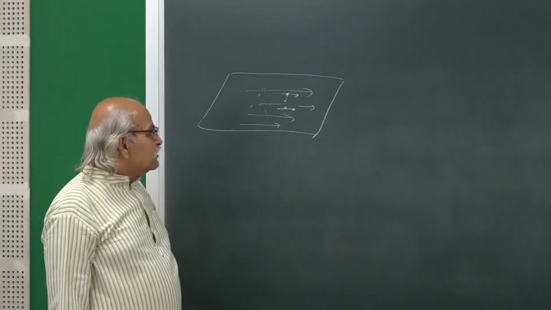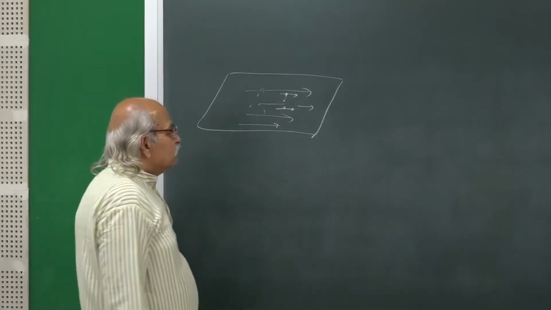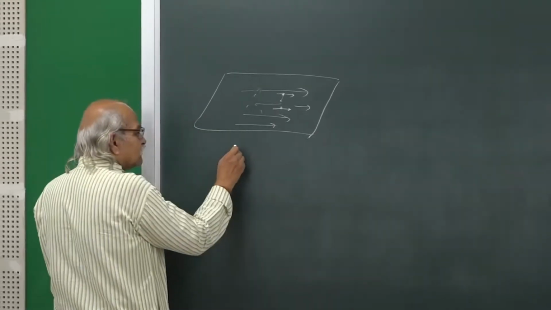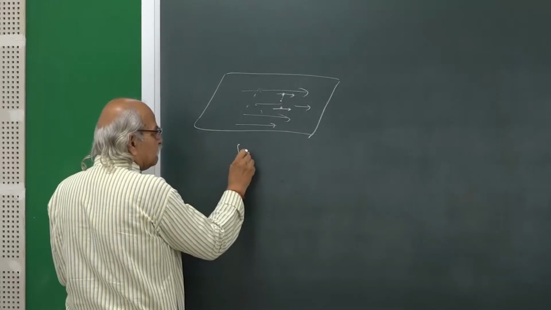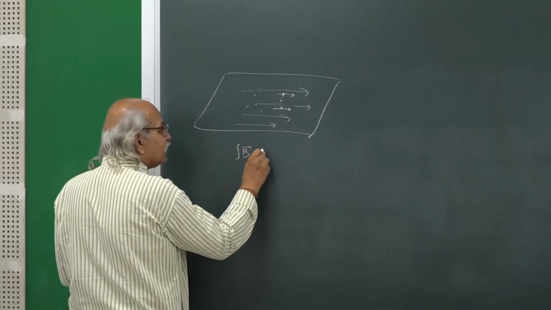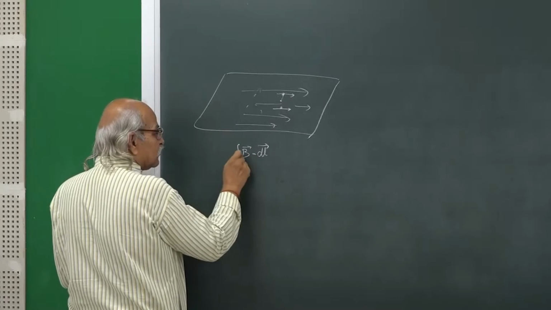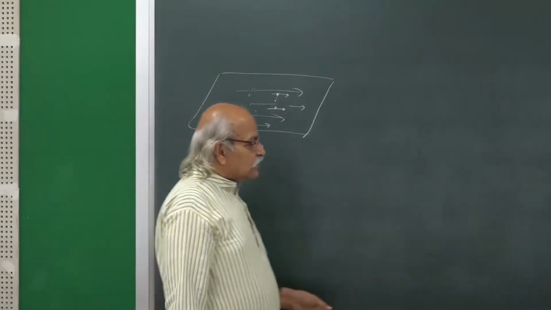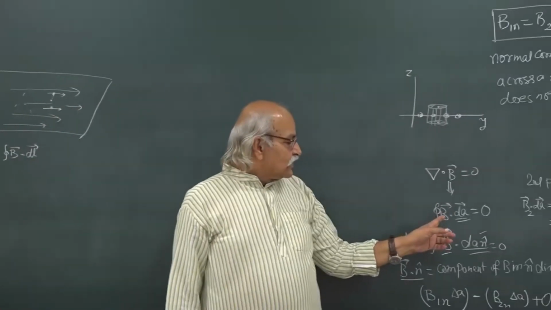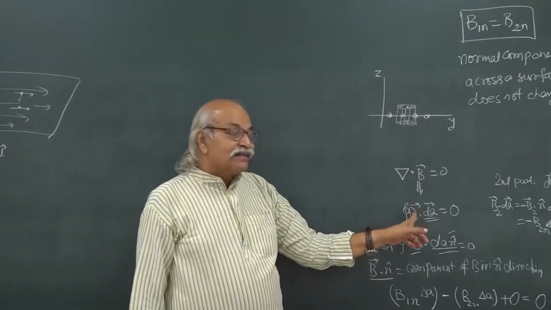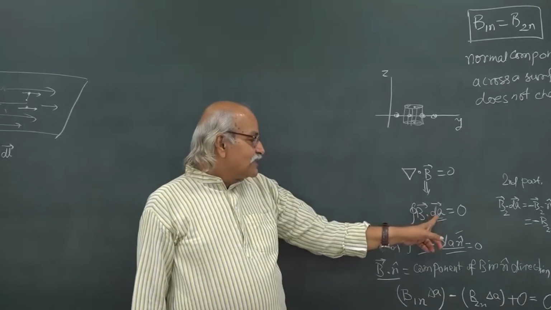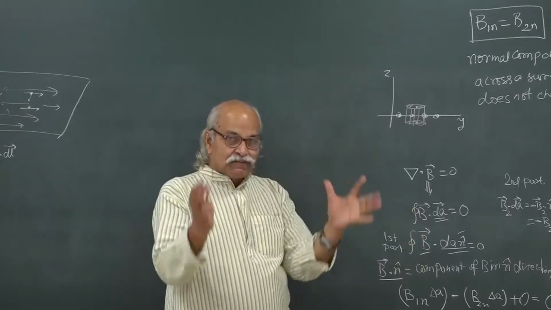For that we will be using Ampere's law, which is the closed-curve integral of B dot dl. Remember all these things. The earlier equation was the flux of magnetic field, B dot dA, on a closed surface.